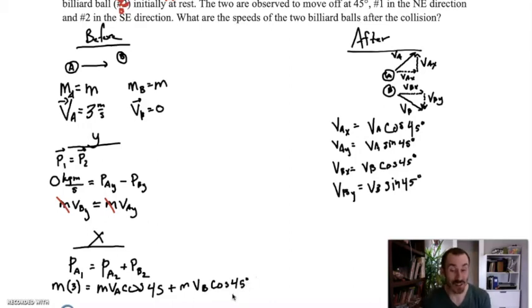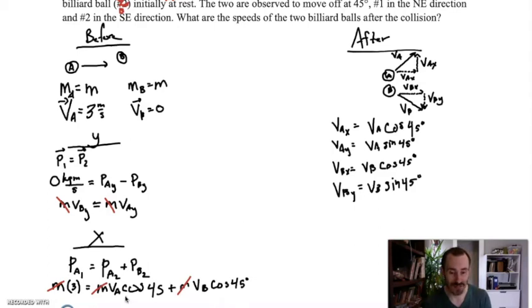Again, this could be easier because of the 45 degrees. This component and this component are actually the same thing, but let's pretend we don't know that. Looking at this equation, I see mass in every term, so I can cancel out that mass everywhere, and now I've got a somewhat simpler equation.